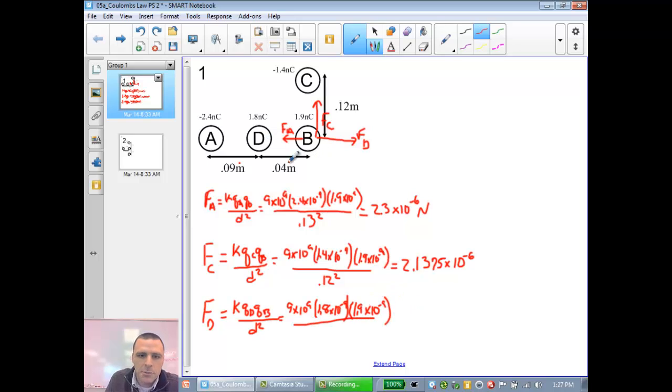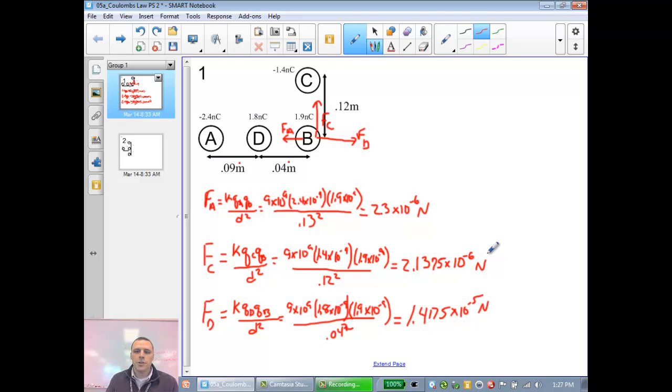Divided by the distance between those, a very small value, 0.04 squared. And the final value is 1.4175 times 10 to the negative 5 newtons. I forgot I have newtons up here. So those are our three force values.